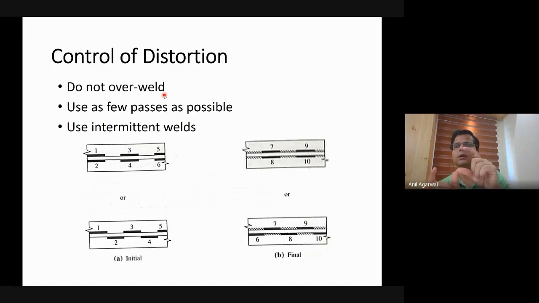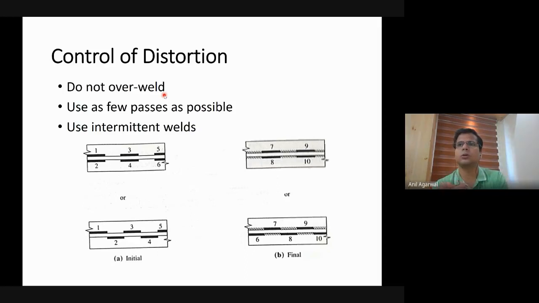Whatever you require, you provide only that much. Do not go overboard. So if you require 8 mm, don't go 10 mm unnecessarily, unless there is a reason for that. Because if you provide extra welding material, that means you are introducing extra distortions. So that is one way, which is kind of obvious.